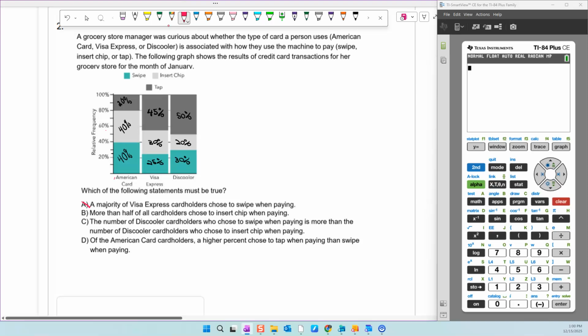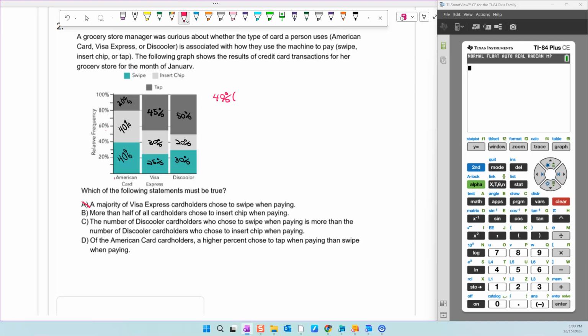All right. Next one, more than half of all cardholders chose to insert a chip when paying. Now this one's kind of tricky because you don't know how many people are in this column right here. You do know that 40% of them choose to insert a chip, but you don't know 40% of what, of how many.